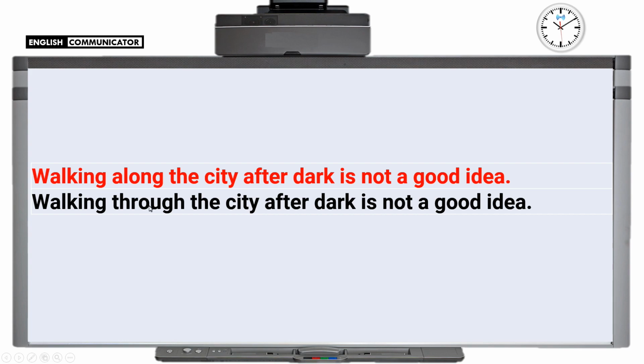Okay, so walking along the city? No, walking through the city. So the city is not walking with you, you are walking through the city. Look, a very simple but a common mistake. Walking through the city, walking through the commercial center, okay? Not walking along the commercial center.